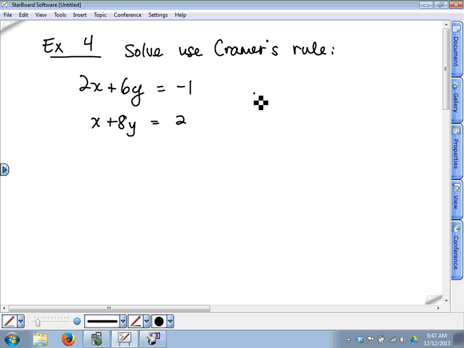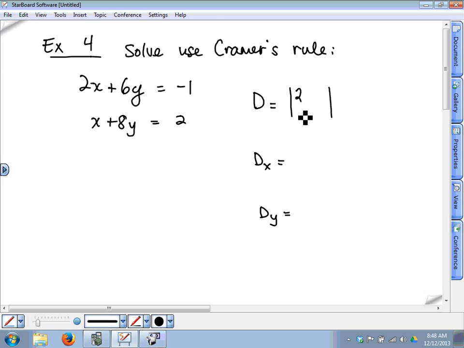So what we need are those three determinants: D, D sub X, and D sub Y. So how do we find D? Where do we get the entries for that matrix? Just the coefficients, not the numbers after the equal sign.